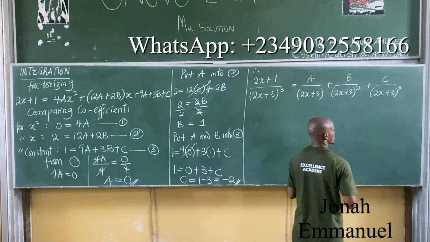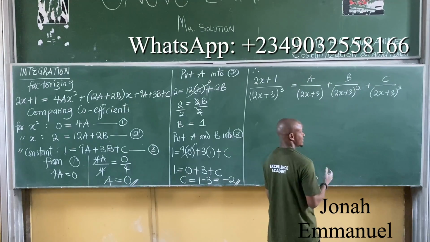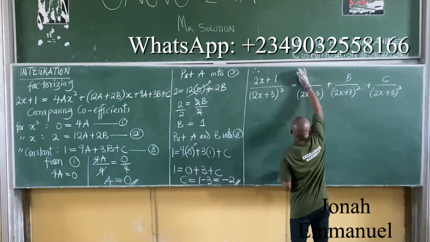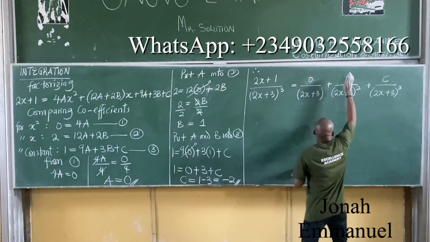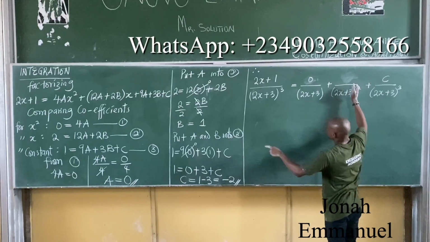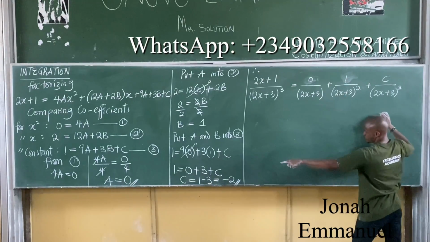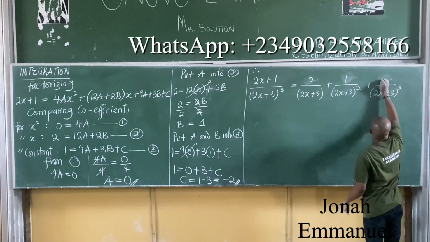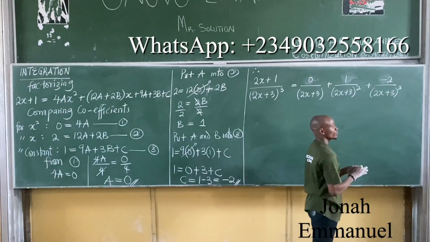If I replace what each of the letters represents, A we said is 0, B we said is 1, C we said is minus 2.